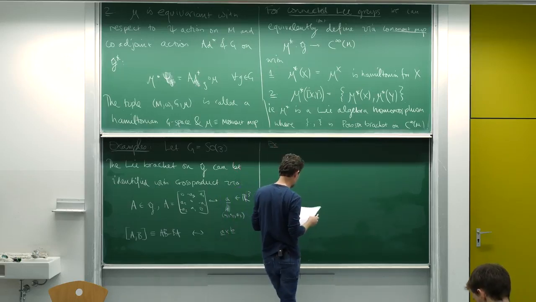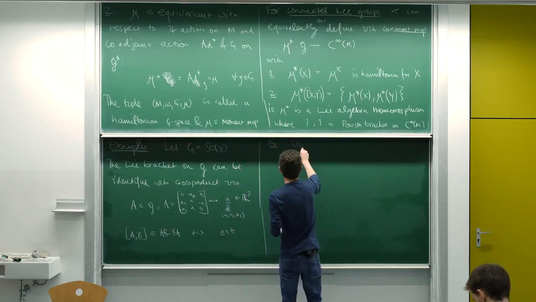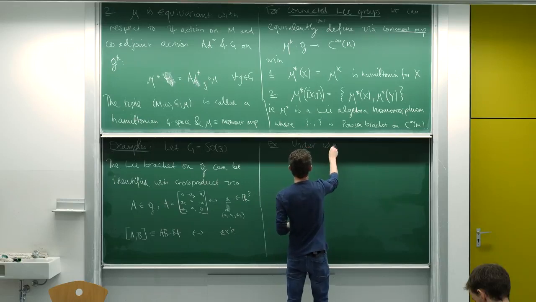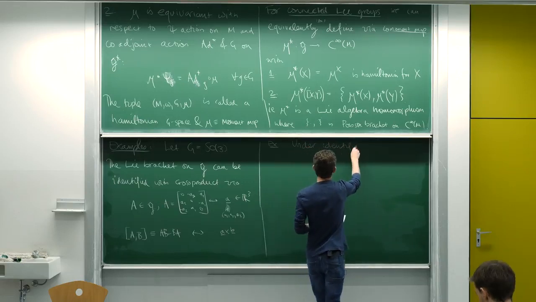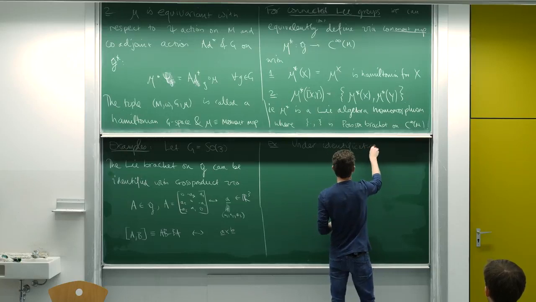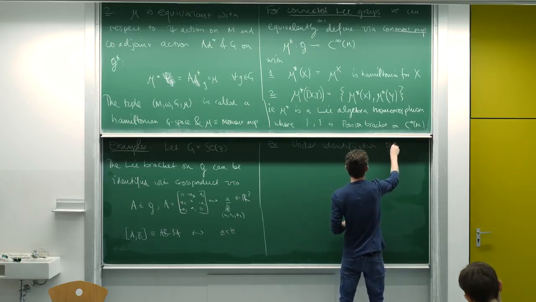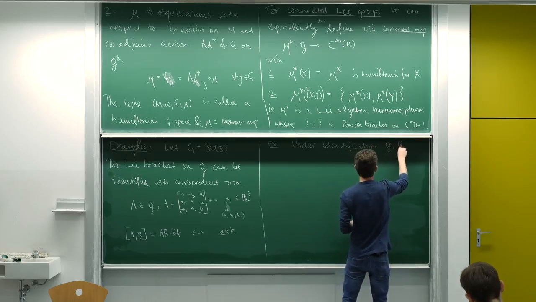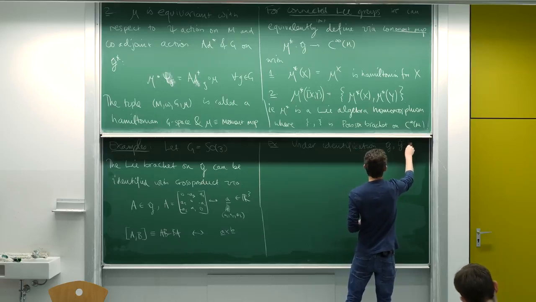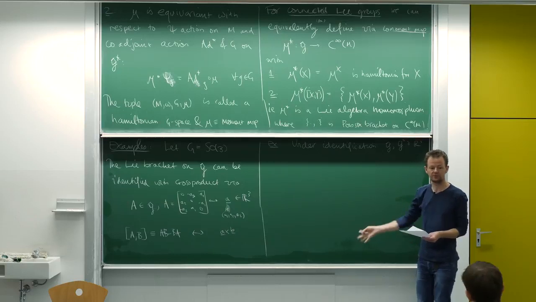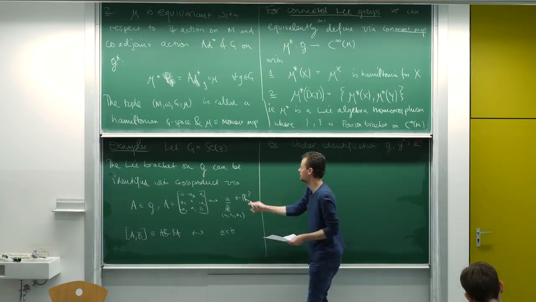And there's some exercise. So the dual Lie algebra is also identified with R3.